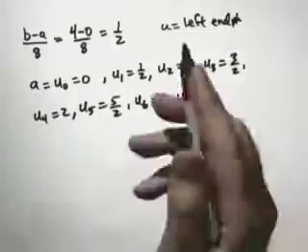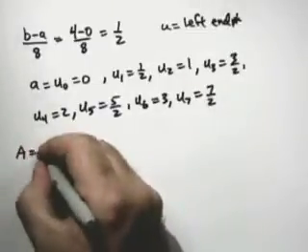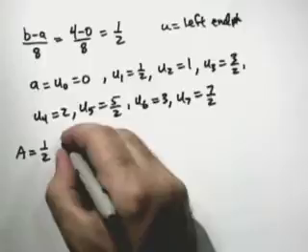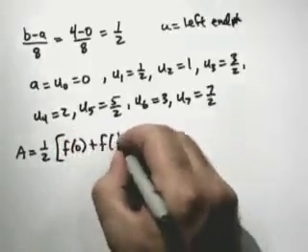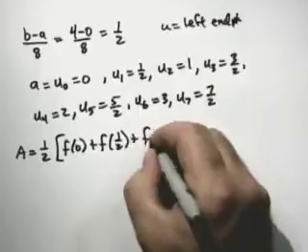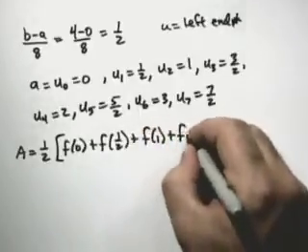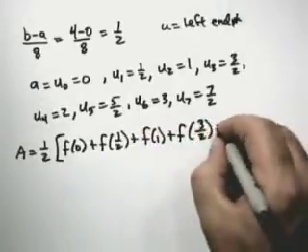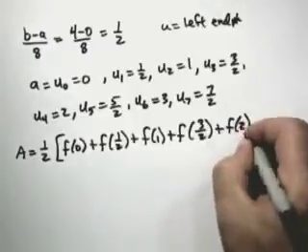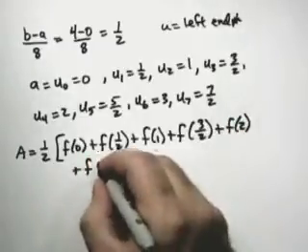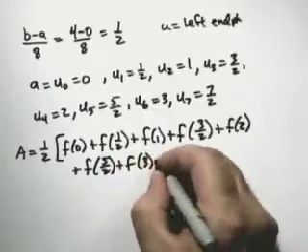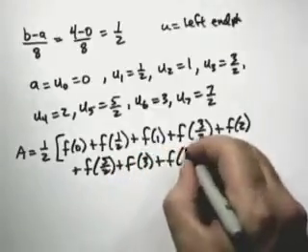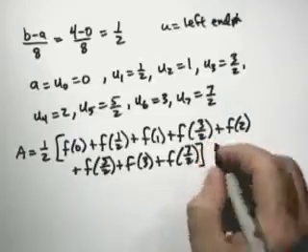So the formula for our area will be 1/2 times f of 0 plus f of 1/2 plus f of 1 plus f of 3/2 plus f of 2 plus f of 5/2 plus f of 3 and plus f of 7/2.